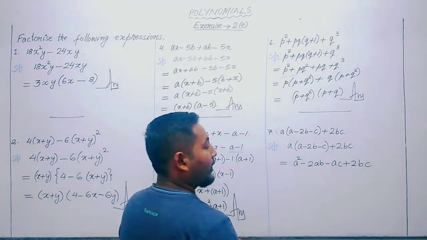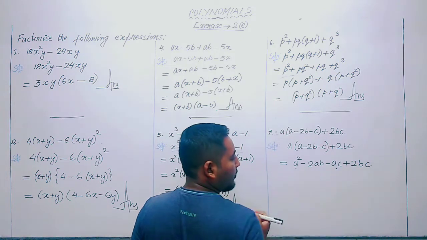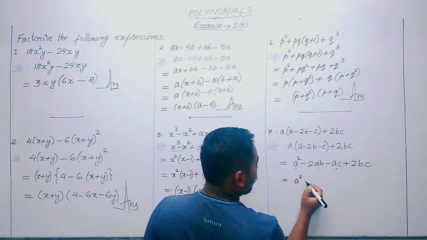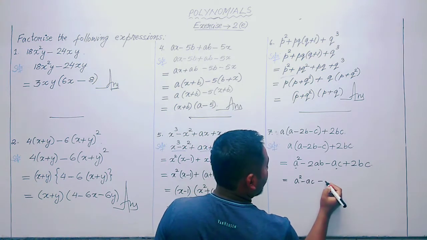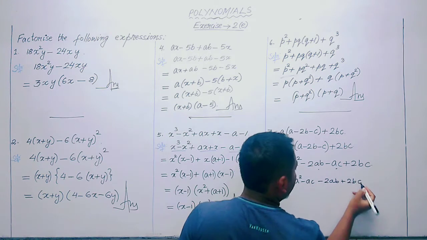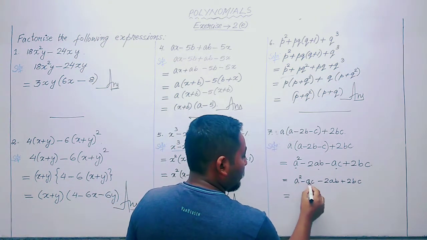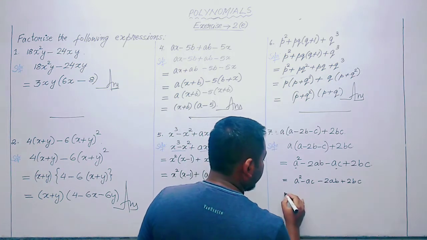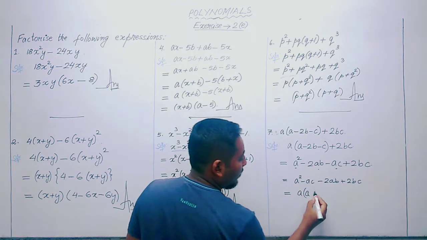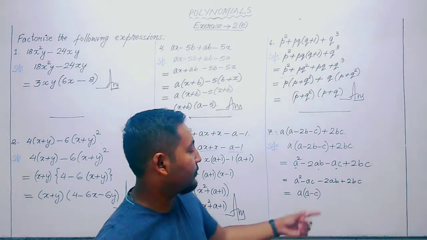Now, if you look carefully, I write down this term and this term together, this term and this term together. See, a square minus ac minus 2ab plus 2bc. Now, from these two terms, what is common? A is common. I'll take out a into a square minus a into c, ac common.